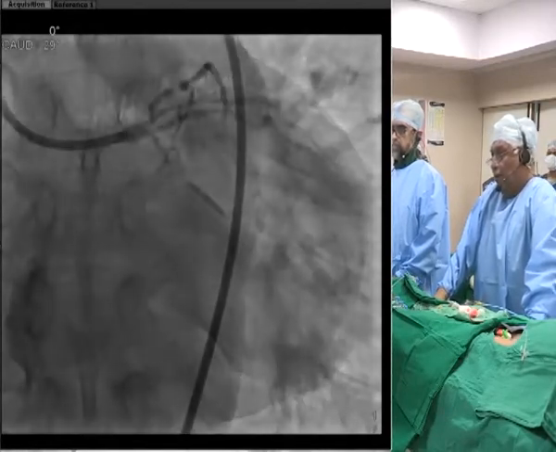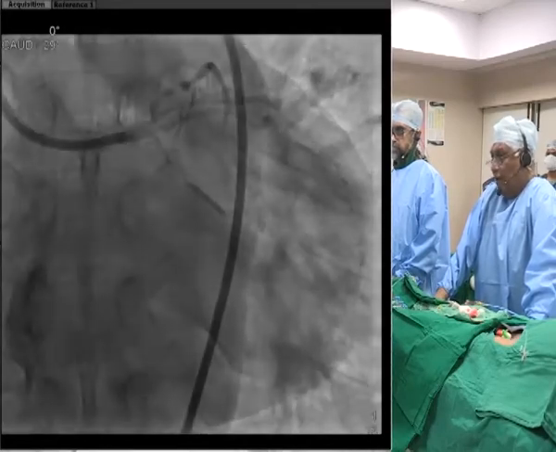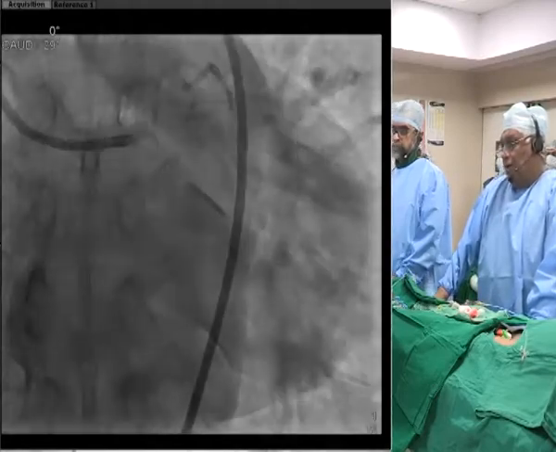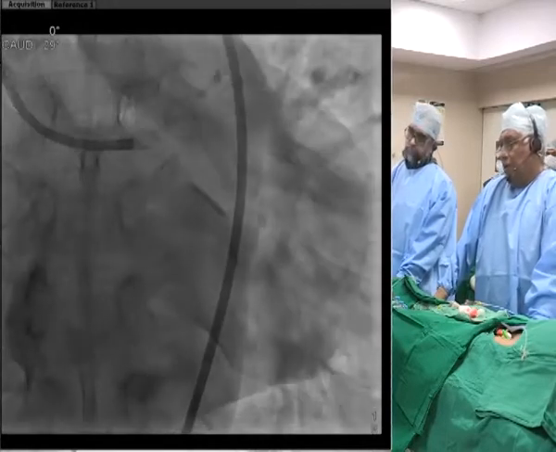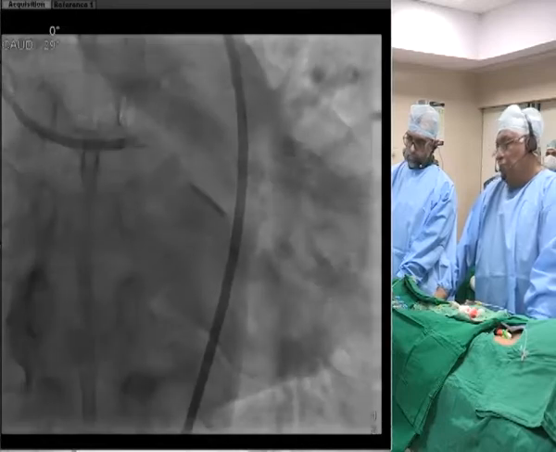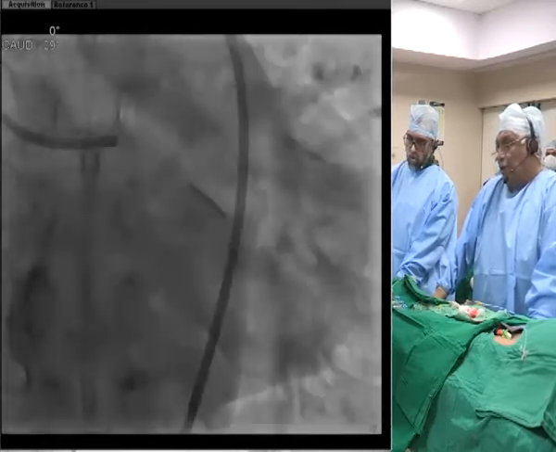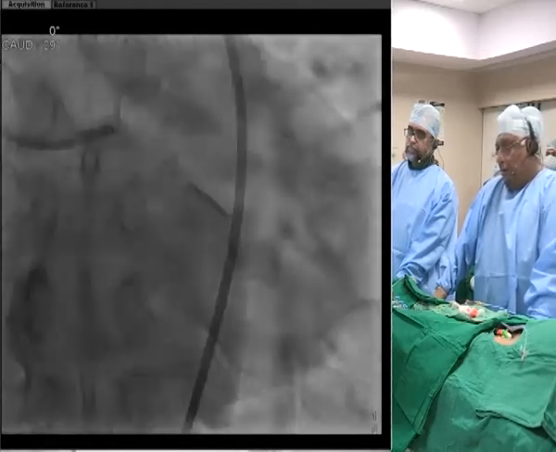If we compromise the ramus which is at the ostium, our access becomes an issue because the proximal-most stent will be right at the junction. That's correct. So re-access will be an issue. So if we think that we may have to treat it, it is better that we go prepared to treat it from the start.